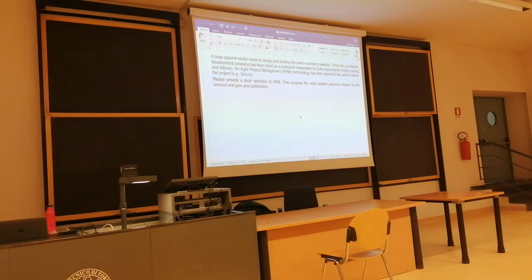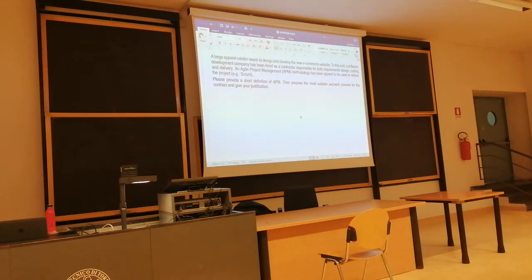What are the payment schemes? Just review in your mind the payment schemes that you may have. Firm fixed price, or cost plus percent, which is the opposite, or some form of cost plus incentive. Those are primarily the 3 categories of payment schemes. Which one would you use?